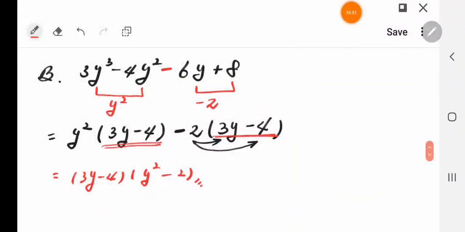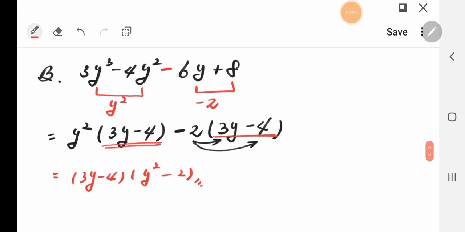Okay, I think I need to explain this one again because I paused and then explained this question. Anyway, there are 4 terms, and these terms do not have a common factor, and there are 4 terms. Then we can try factor by grouping. So let's make groups of 2 terms. The first 2 terms will have common factor y squared. And the second group will have a common factor 2.